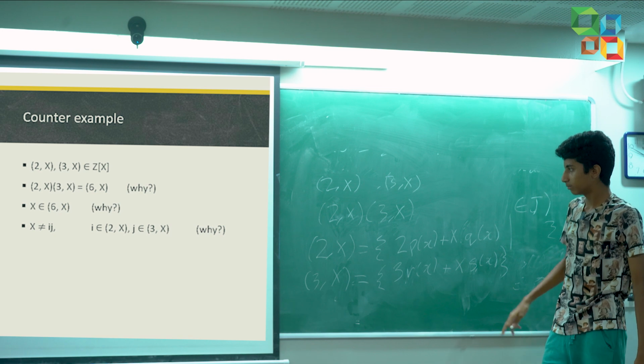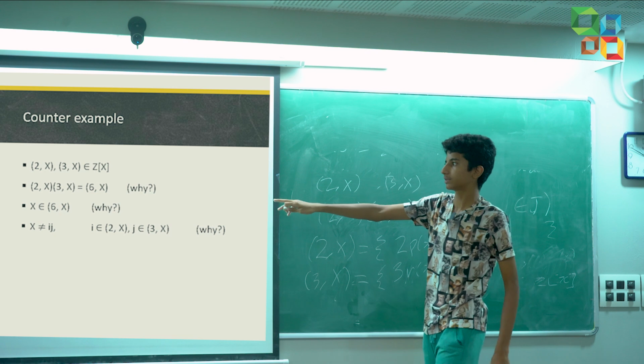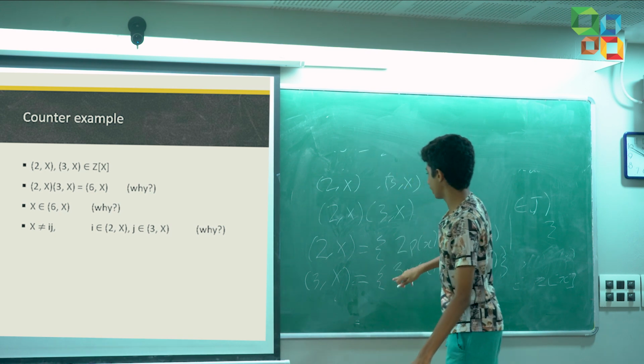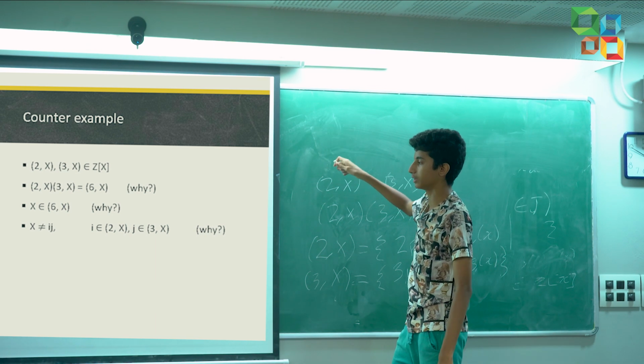Now take two elements belonging to these two sets. You multiply them. Take any two elements, and we'll try to figure out what the product is.